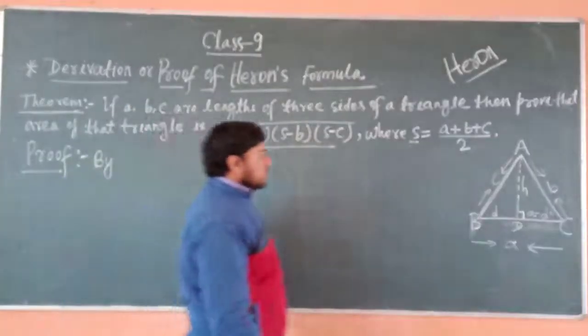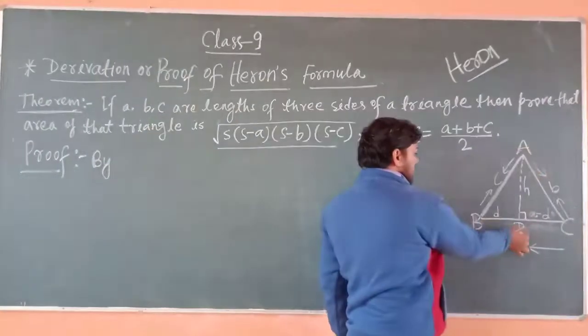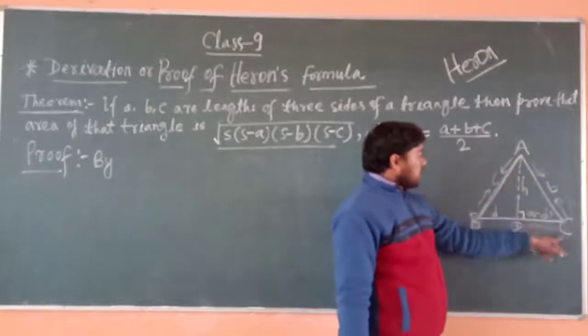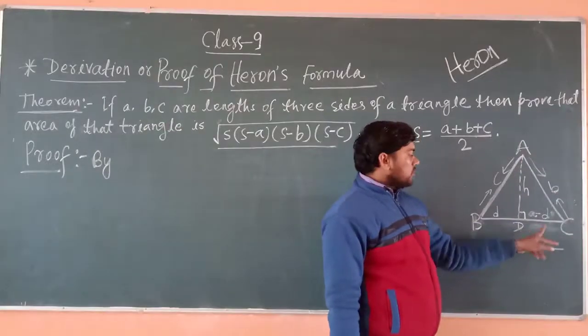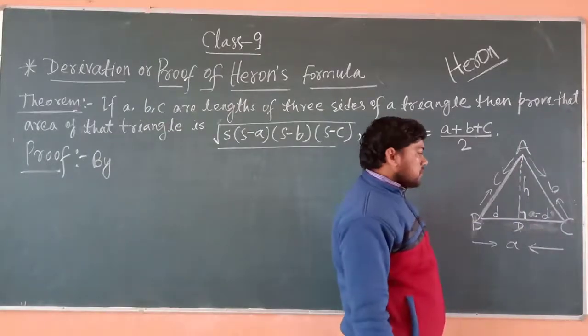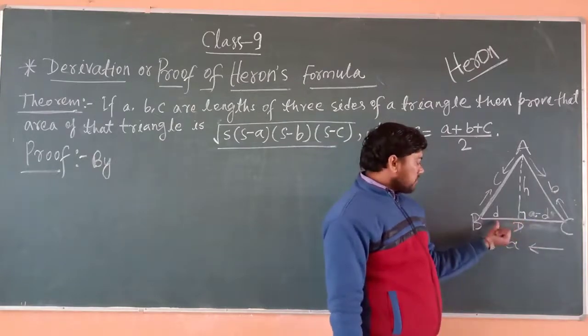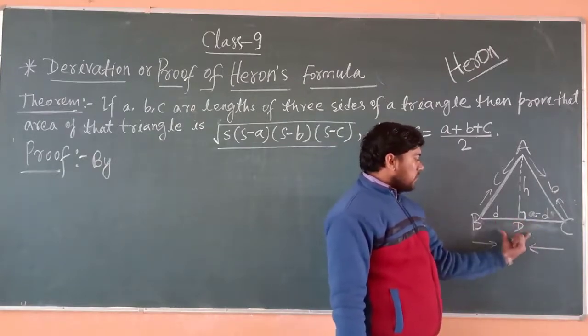See, this triangle is a right angle triangle, triangle ABD and triangle ACD. Both triangles are right angle, so we can use here Pythagoras theorem.